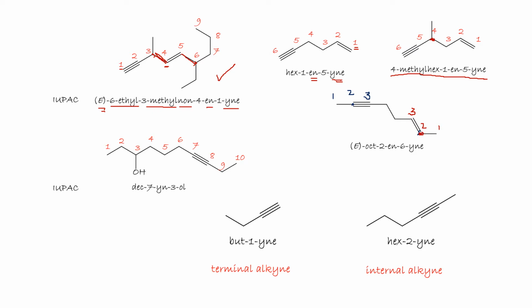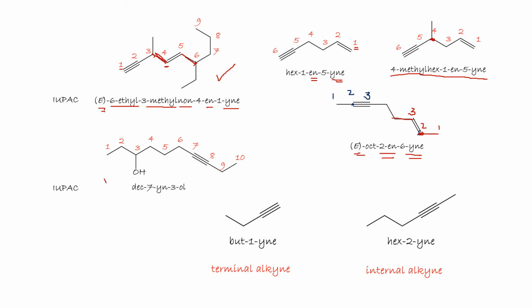If they are on the same position, then we select the shortest to the ene. So the name will be 2-ene, 6-yne. And the double bond, once again, E configuration. So it is E-oct-2-en-6-yne.